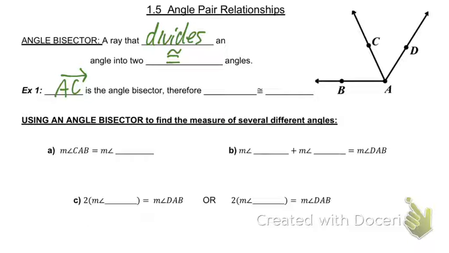What that tells us is that angle BAC or CAB, either one, this part of the angle, is going to be congruent to angle CAD or DAC, either one. Because ray AC is an angle bisector, these have to be congruent.